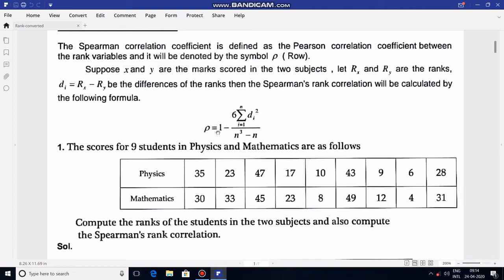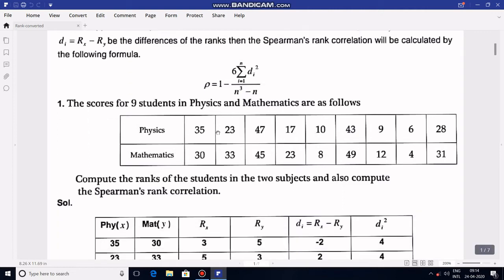Now I would like to explain how to find the rank correlation for given data by considering one simple example. Let us consider this first example. The scores for 9 students in physics and mathematics are as follows. In the first row you have physics marks.